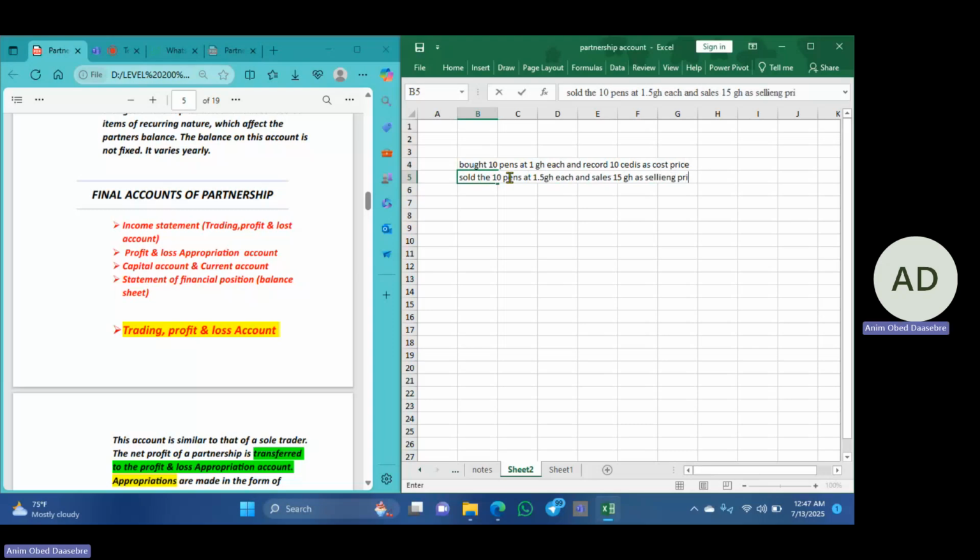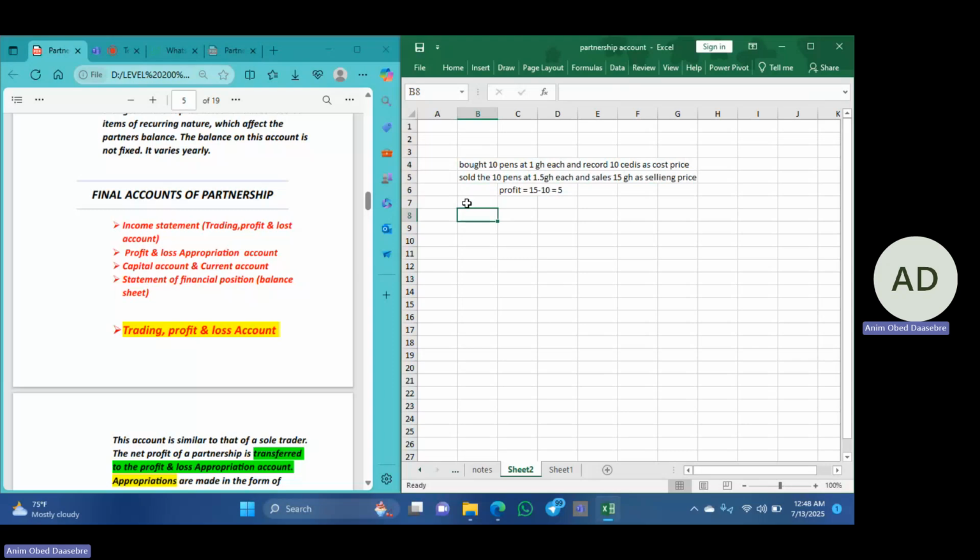Now profit will be 15 cedis minus the 10 cedis, so profit will give us 5 cedis.